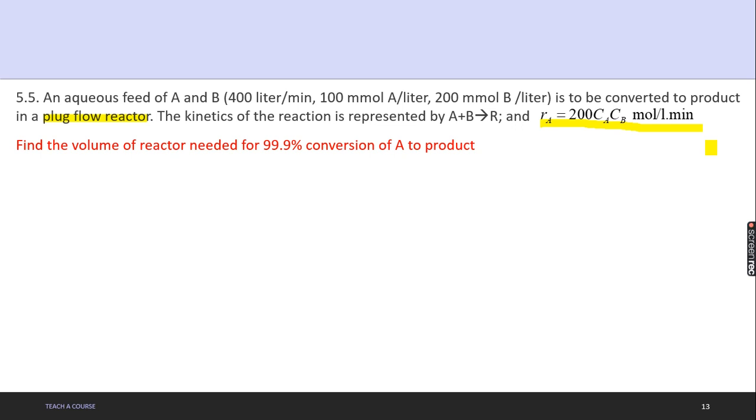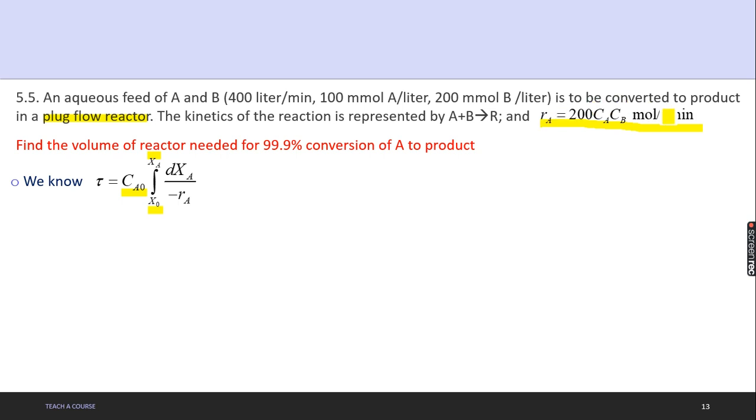Before doing any solution approach, you already know this is a plug flow reactor. So we should write the generalized performance equation. For a plug flow reactor, we can write tau equal to Ca0, the initial concentration of the feed, times the integration of dXa by minus Ra from X0, essentially 0, to Xa, the final conversion, where Ra is the rate of reaction.